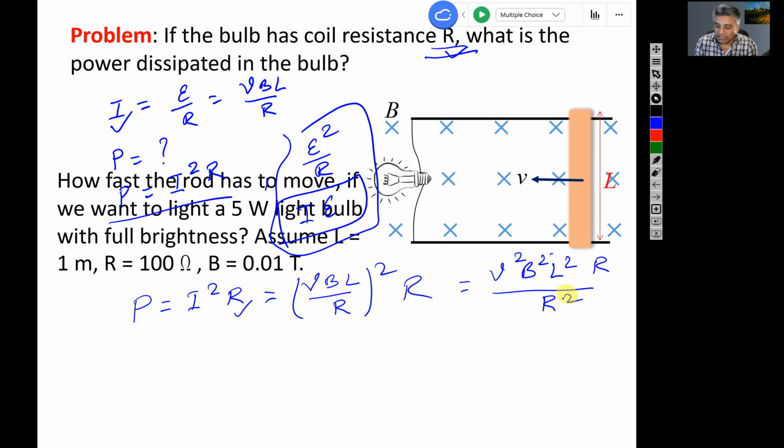So what's going to be v then? R is going to go and multiply the power, so it's going to be R times P, and B squared and L squared are going to come down and divide. That would be v squared. So what is v then? That's that, okay?